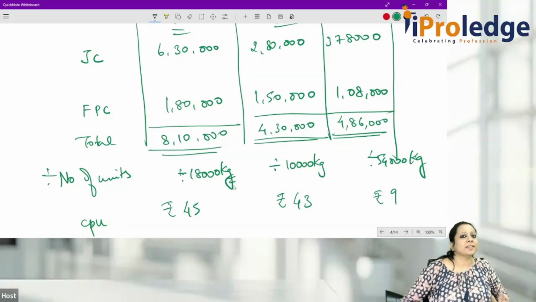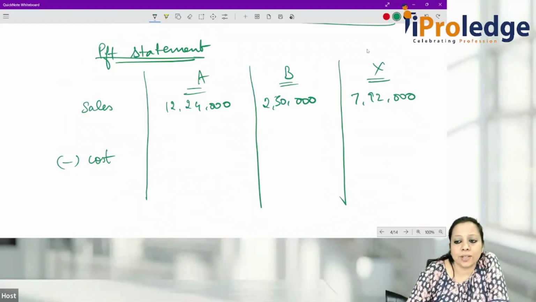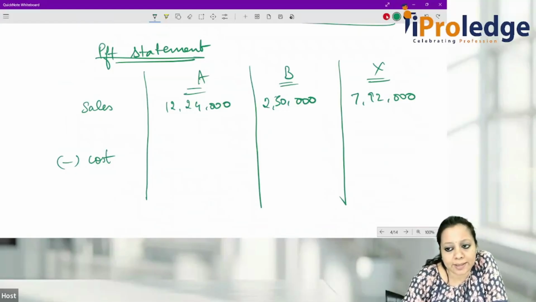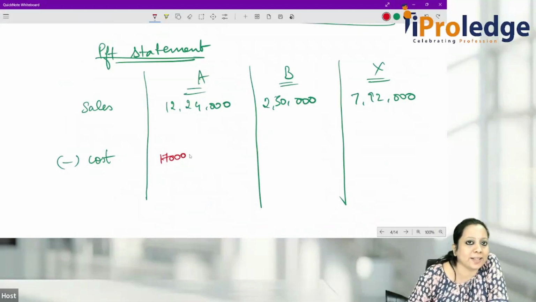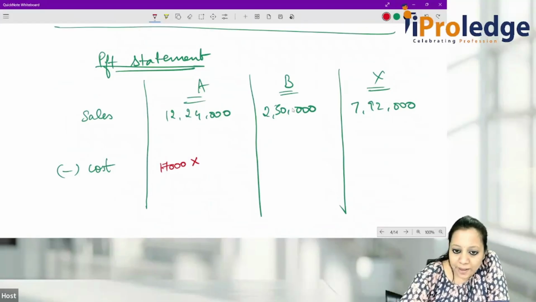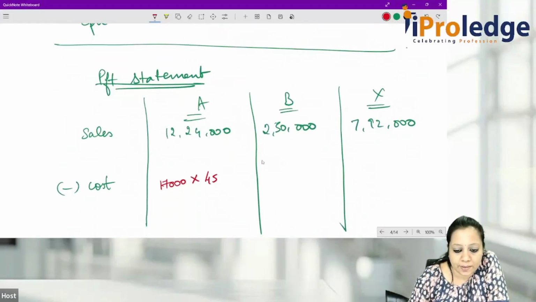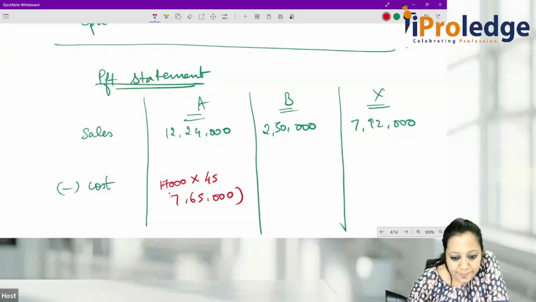I can't make profit on the closing stock. So 17,000 into 45 is 7 lakh 65,000.